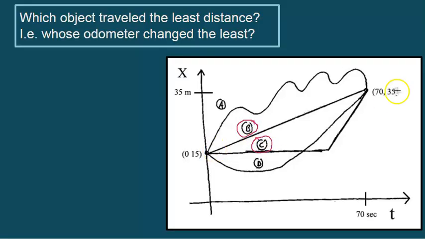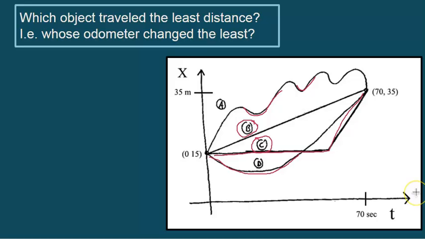They both actually traveled, their odometer would read 20 meters. Because C's odometer did nothing for a while, but it still got to 20 meters. It just ticked up faster in that time interval. But A traveled more than 20 meters because it backtracked, and D also traveled more than 20 meters because it backtracked.